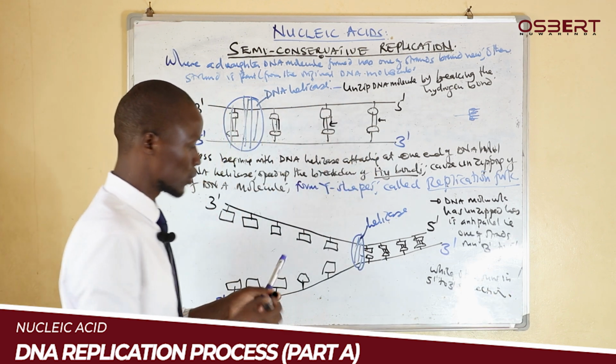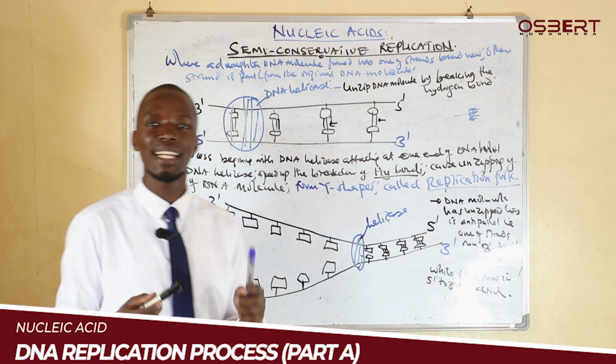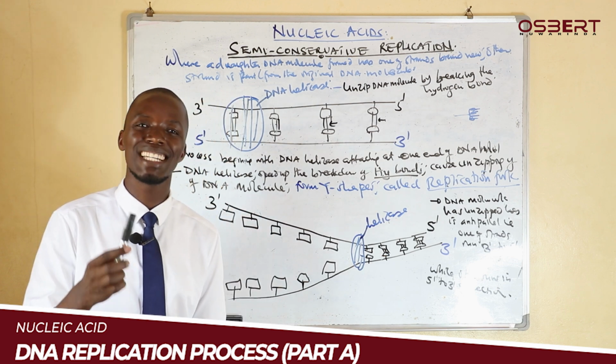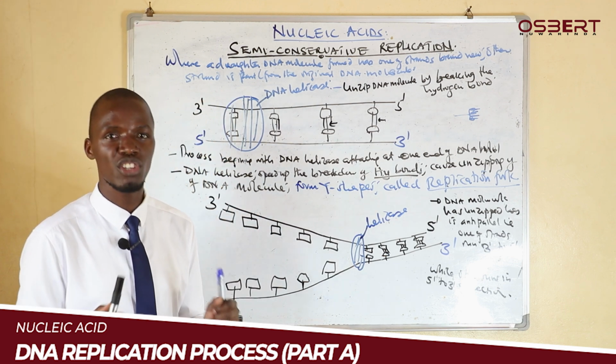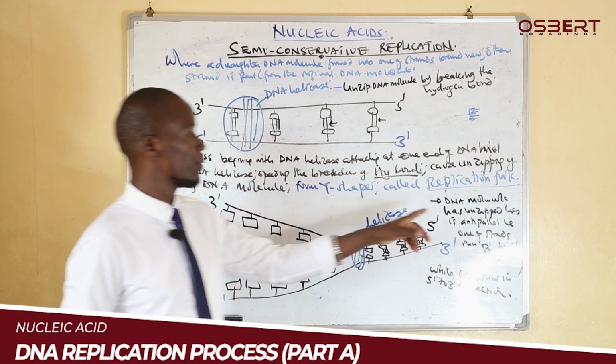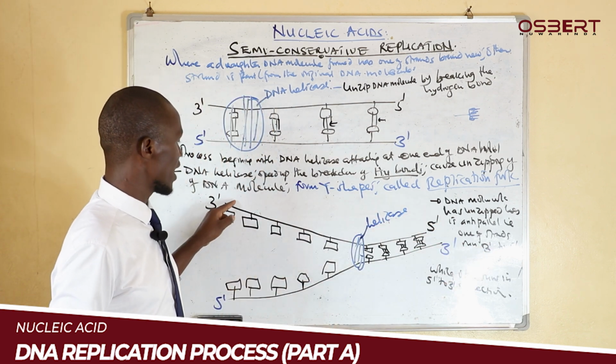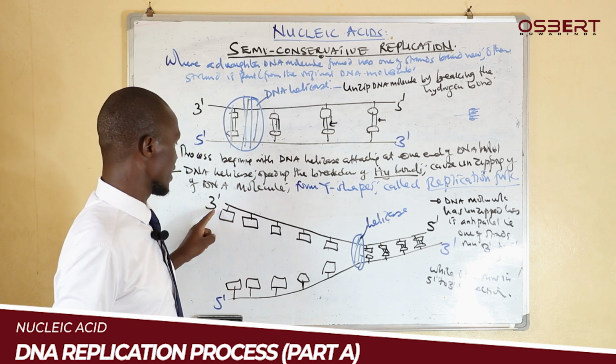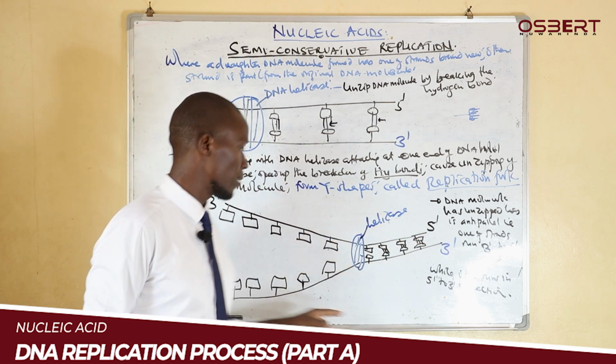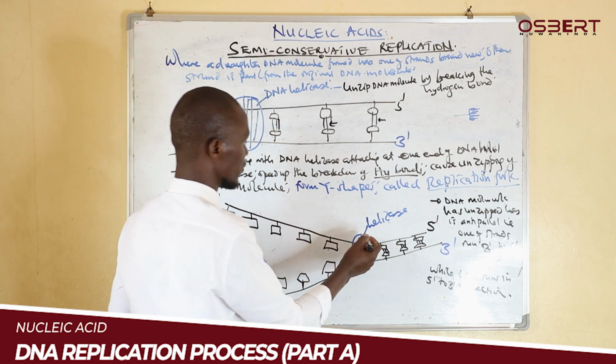Now, we are going to say that the DNA strand which is running in a 3 prime to 5 prime direction, for example, in this case, this strand on the upper part. Remember, this DNA helicase is moving in this direction.